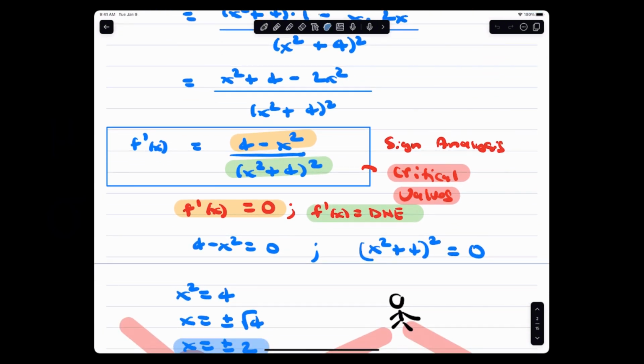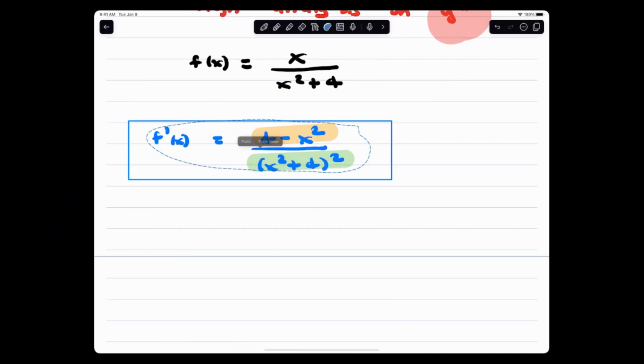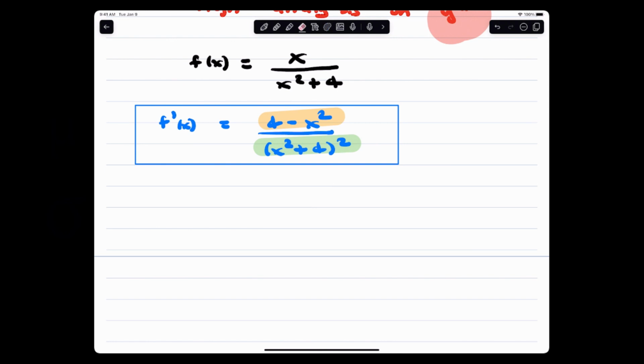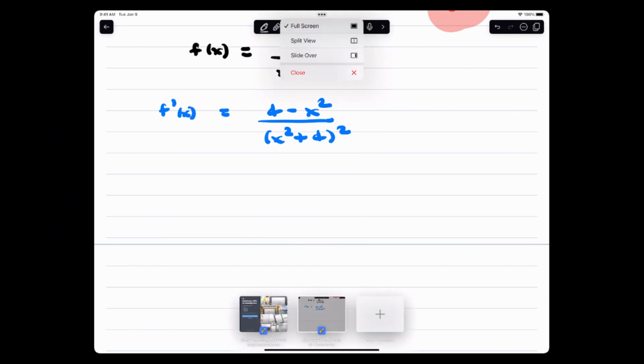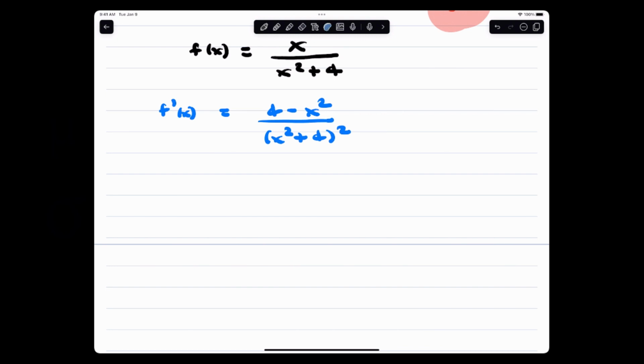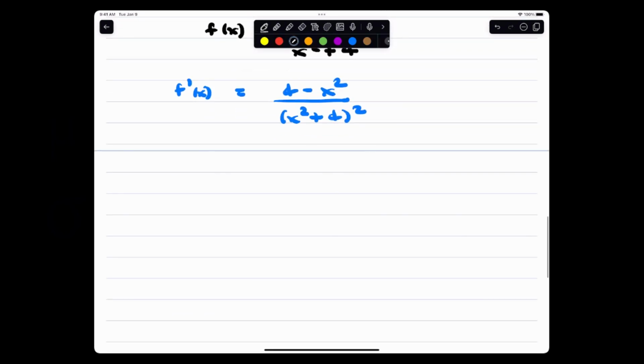Okay, so we did sign analysis on that first derivative. Now we're going to look at the intervals of concavity. What does that mean you're going to have to do? You're going to need that second derivative and sign analysis.